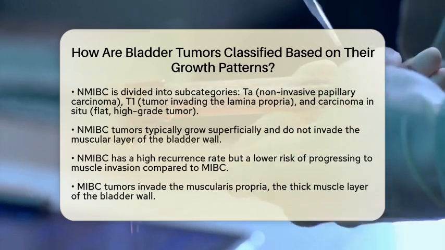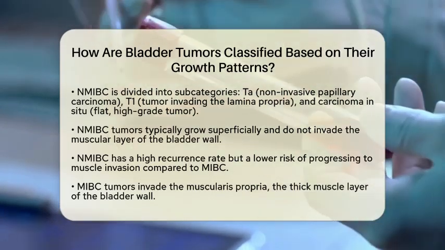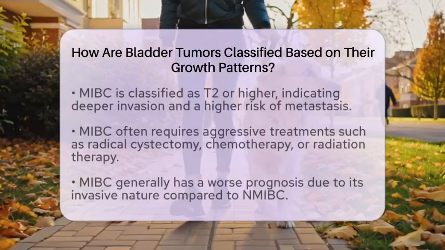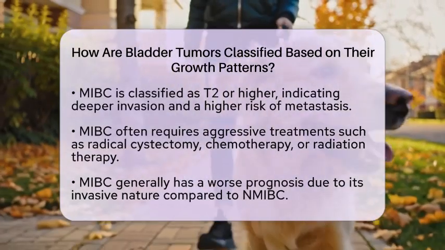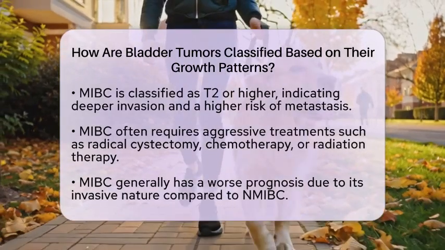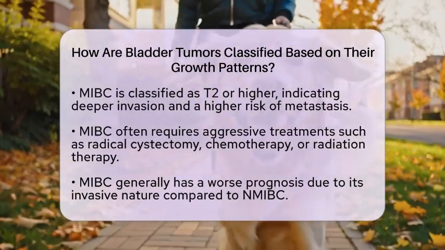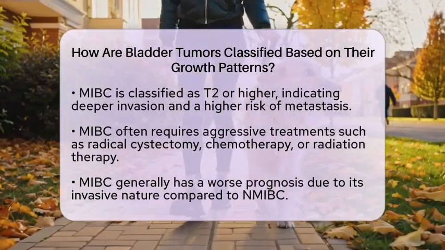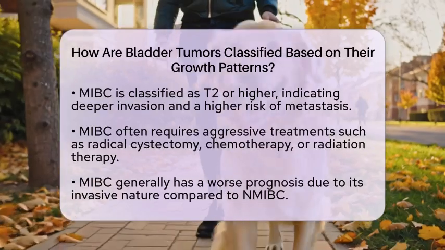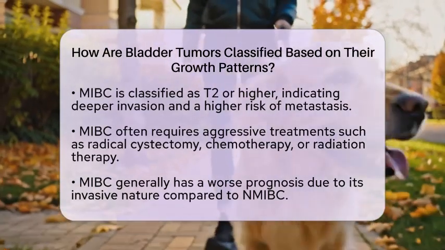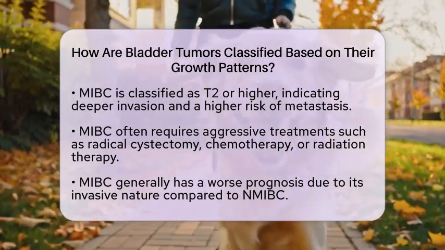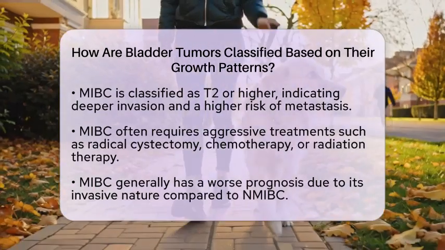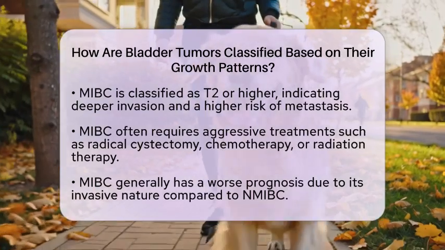This growth pattern is linked to a higher risk of metastasis, meaning the cancer can spread to other parts of the body. As a result, MIBC often requires more aggressive treatments, such as radical cystectomy, which is the surgical removal of the bladder, chemotherapy, or radiation therapy. Unfortunately, MIBC generally has a worse prognosis compared to NMIBC due to its invasive nature.